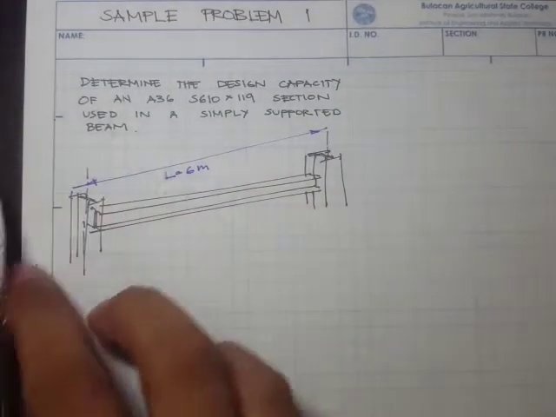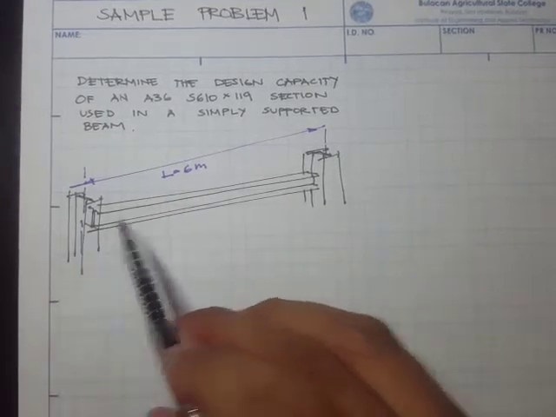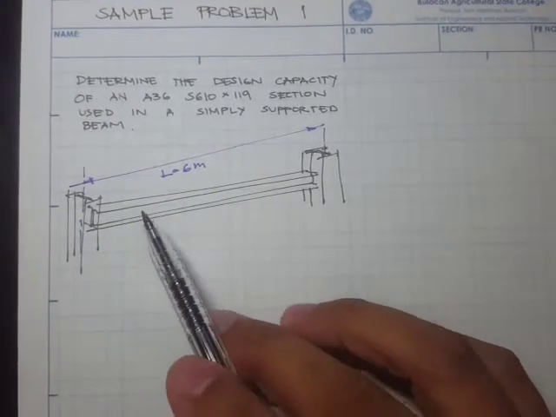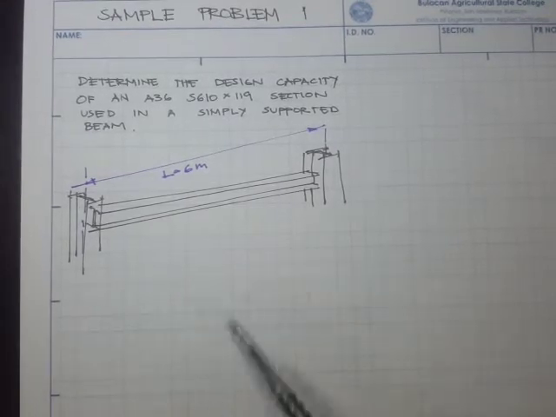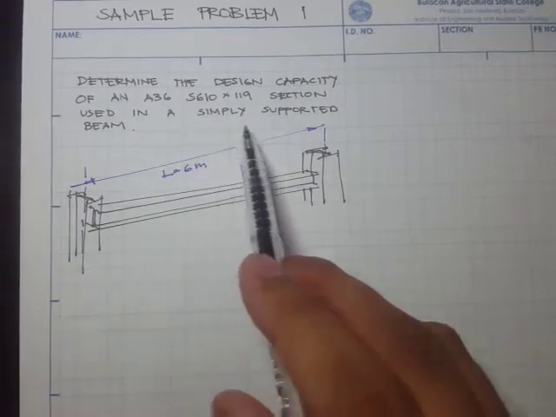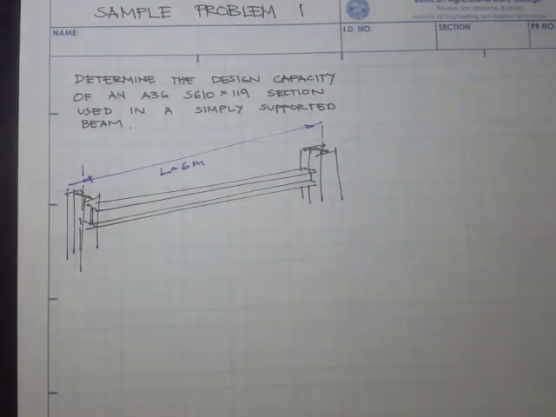This figure shows the length of the beam. You see that there's no lateral bracing, therefore this will be our unbraced length. And the support is just simply supported.